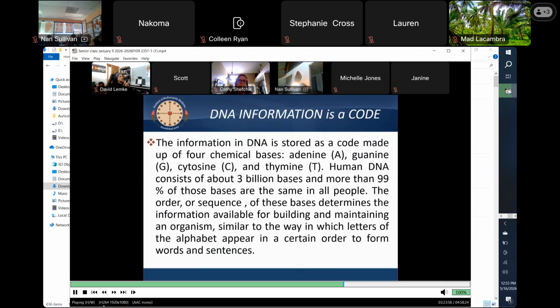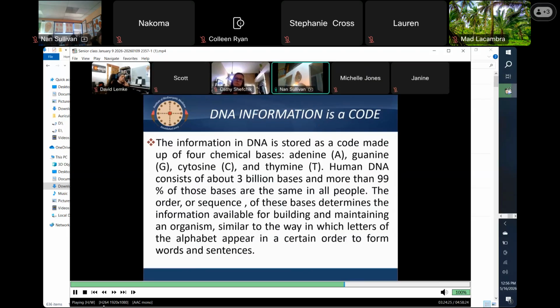The information in DNA is stored as a code made up of 4 chemical bases. And they're listed under 4 letters: A, G, C, and T. Of course they have names like adenine, guanine, cytosine, thymine, and so on.